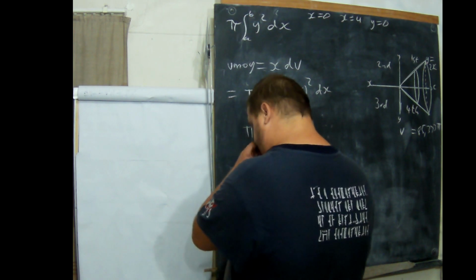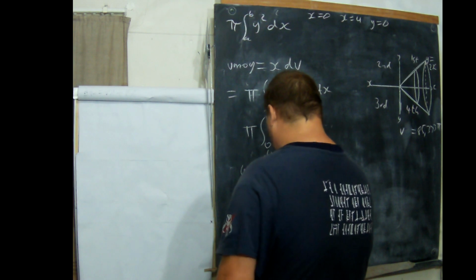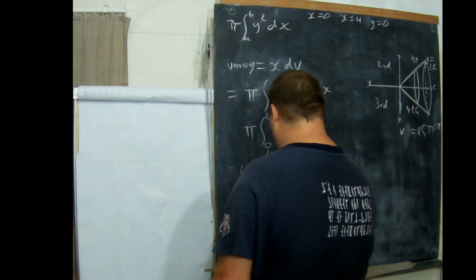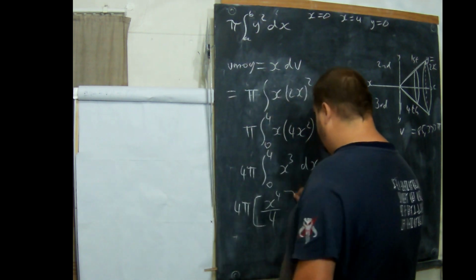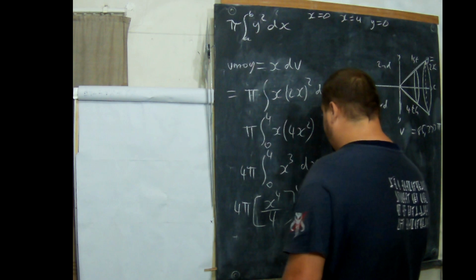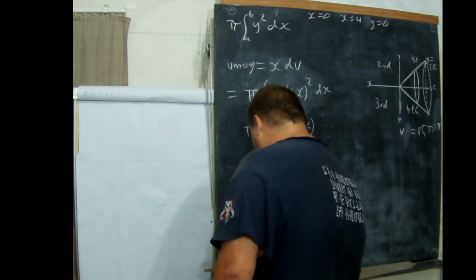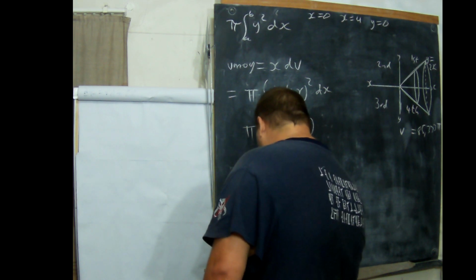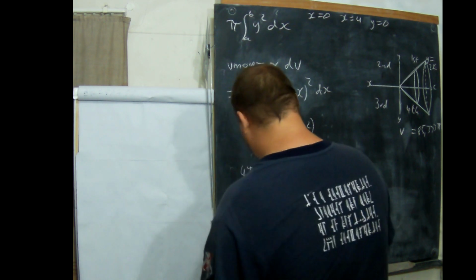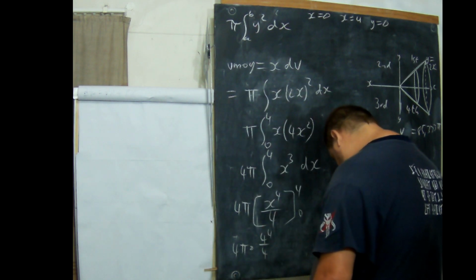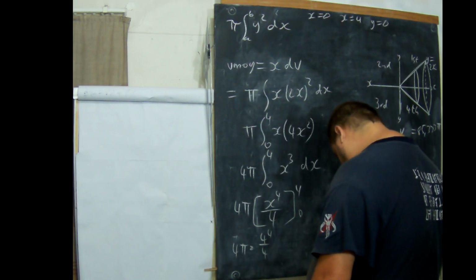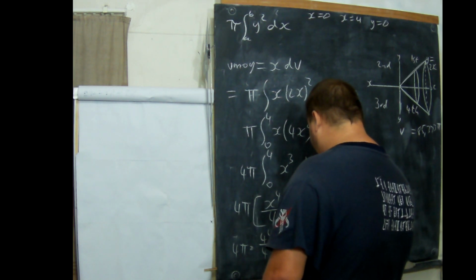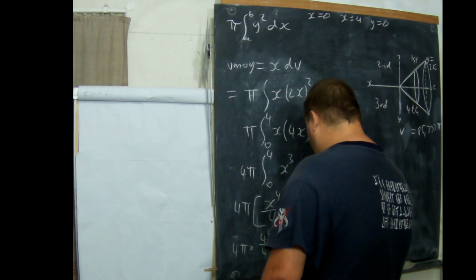Now we're going to integrate, which is x to the 4 over 4, between 4 and 0. So this is 4 pi times 4 to the power 4 over 4, minus 0 to the power 4 over 4.